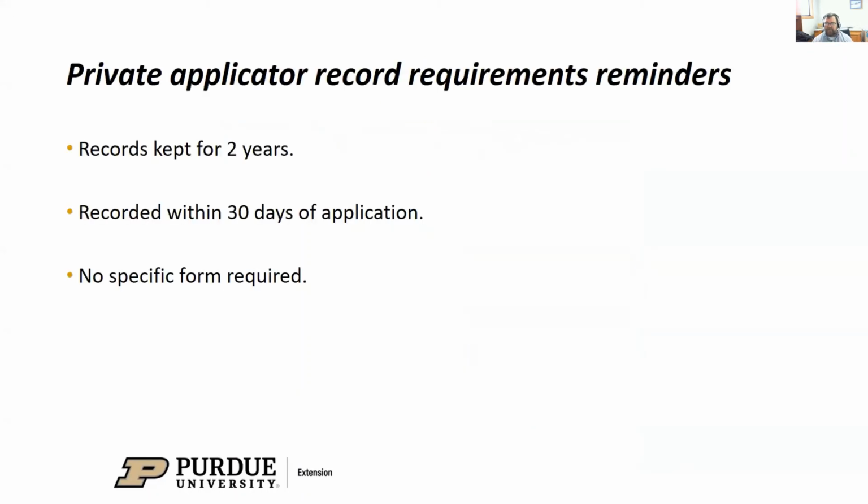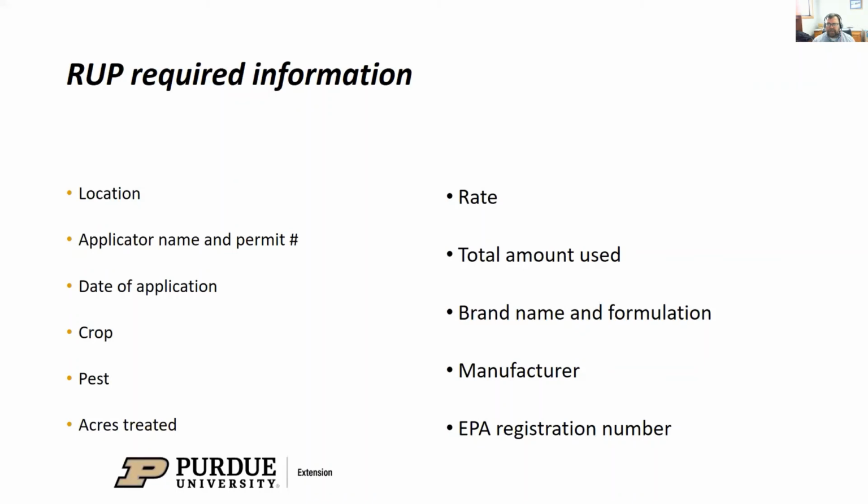And just a real quick reminder about the records: keep them for 2 years, and record within 30 days of application. There's not a specific form required. With restricted use pesticide, this is just some brief required information, details as a reminder.